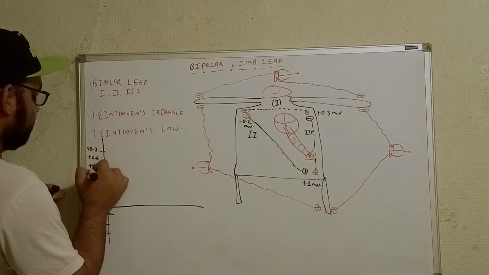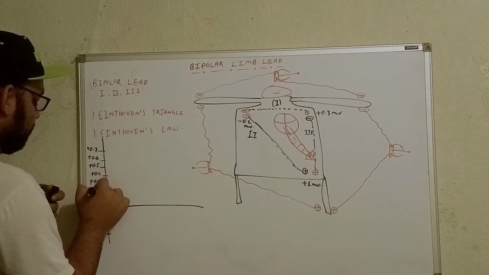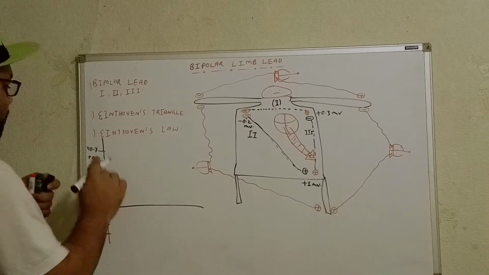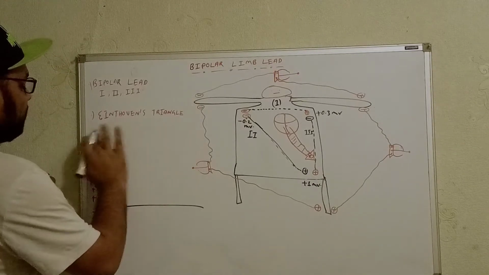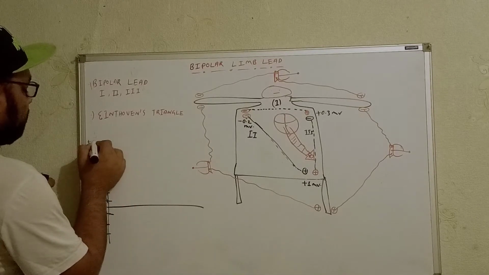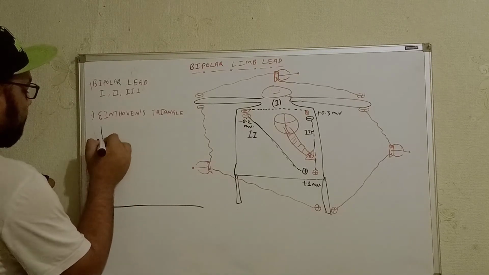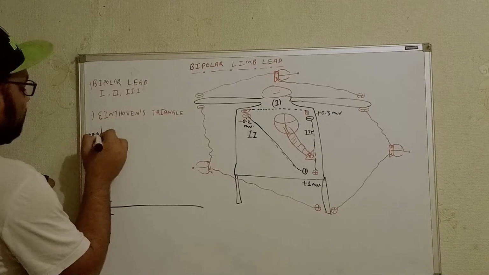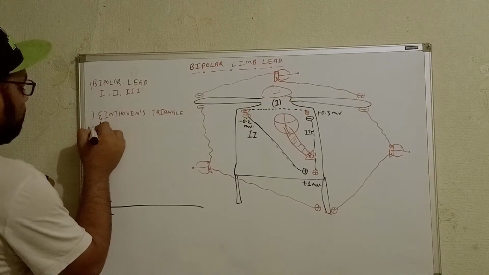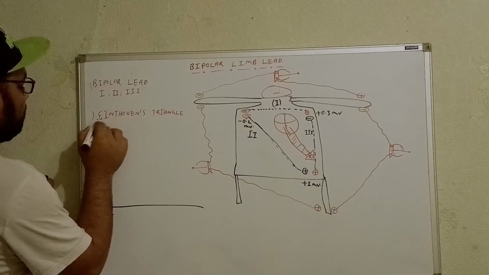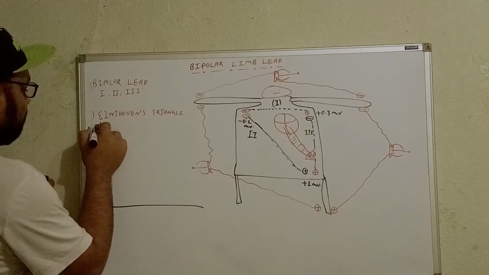Definitely it will always be plus, because above 0 you have to consider plus. I'm just erasing this part over here, and this one will get plus 0.8, plus 0.9, and then plus 1.